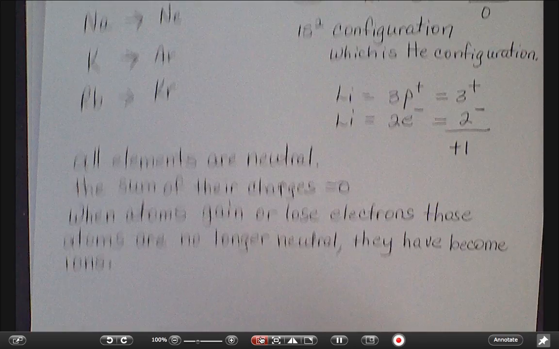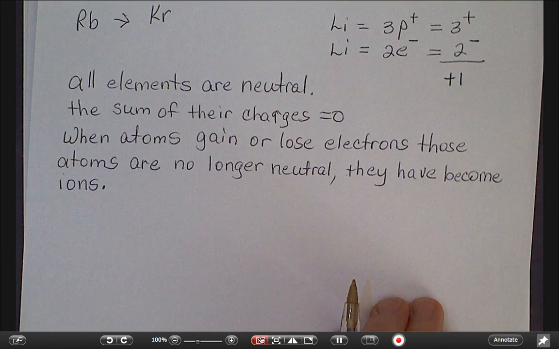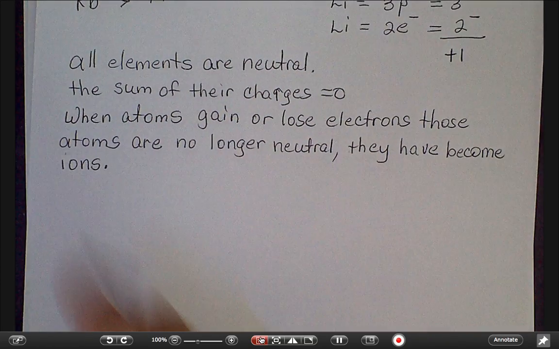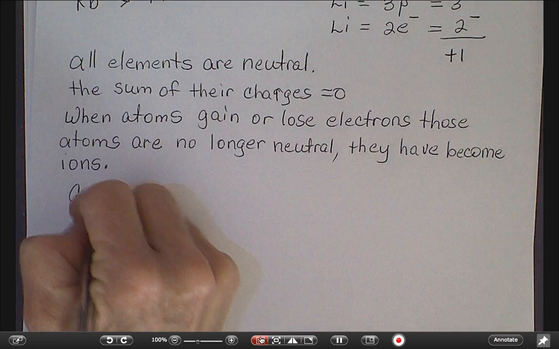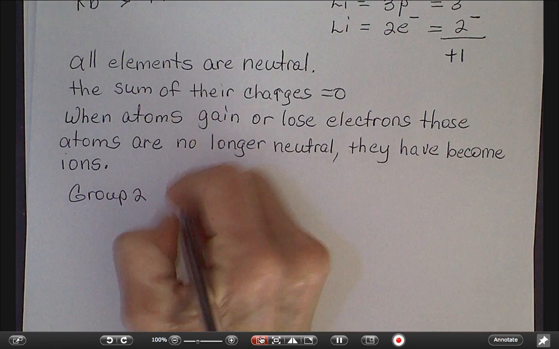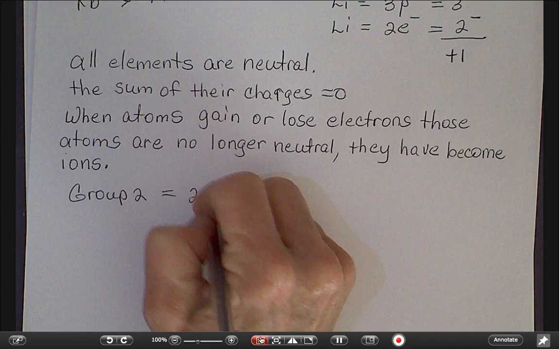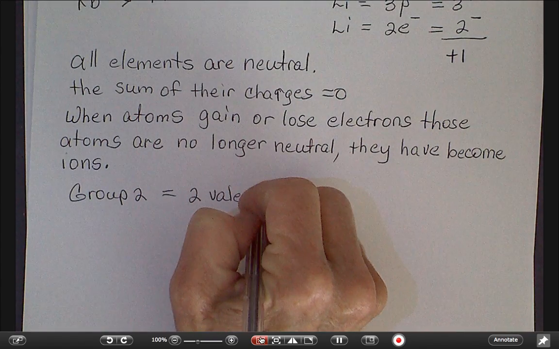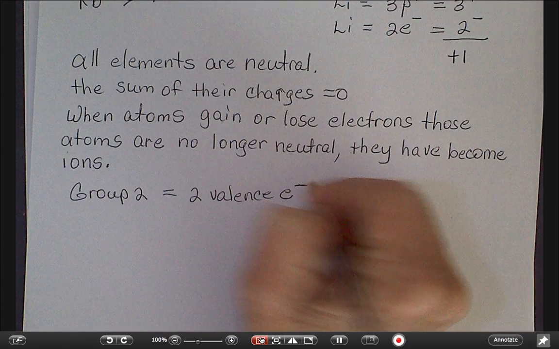Now then, everybody in group 2 has 2 valence electrons.